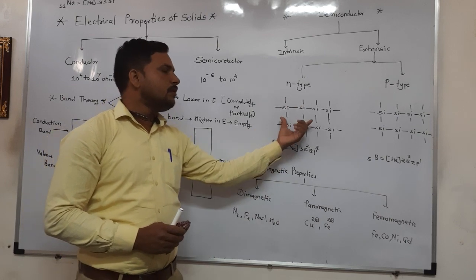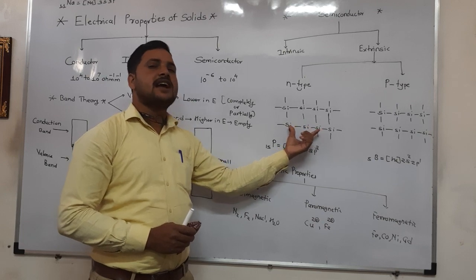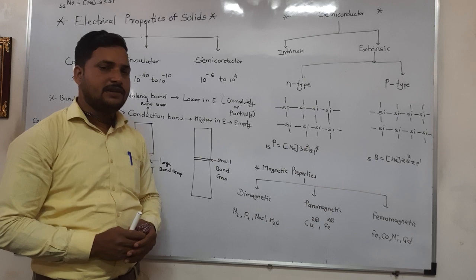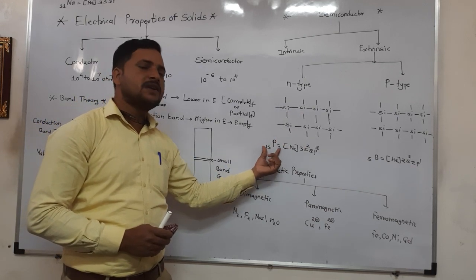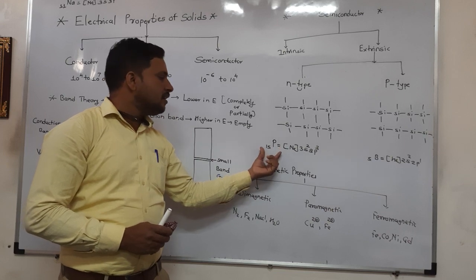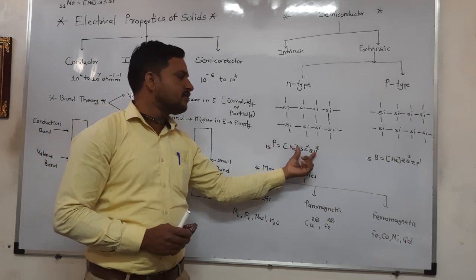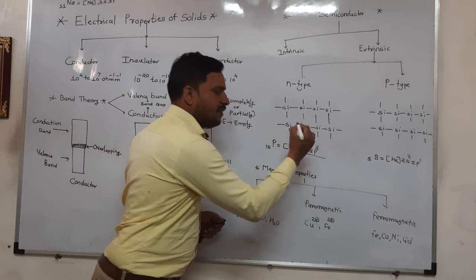If in a pure silicon crystal an impurity from group 15 elements such as phosphorus or arsenic is added, the electronic configuration of phosphorus is 3s2 3p3, meaning a total of 5 valence electrons are present.